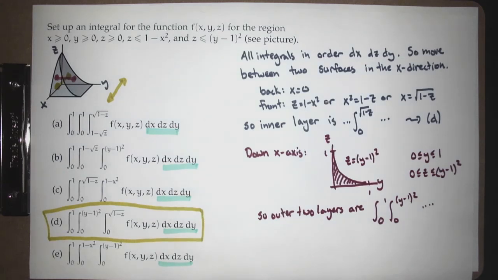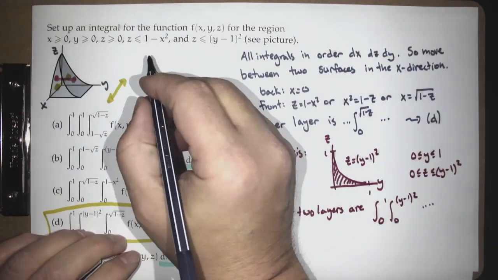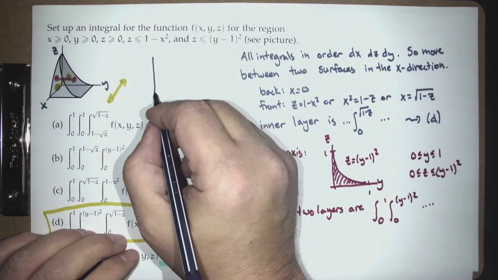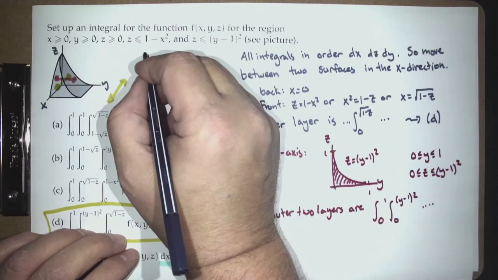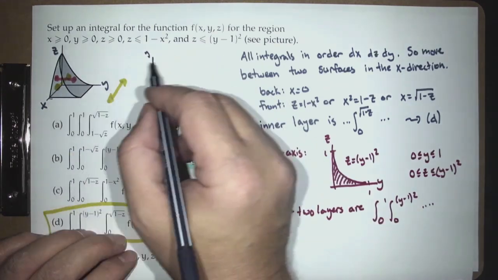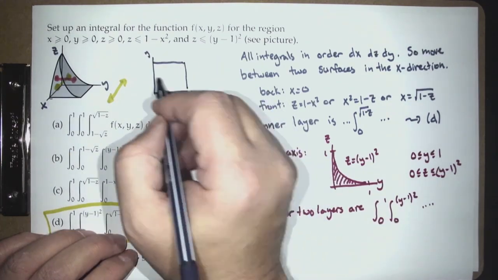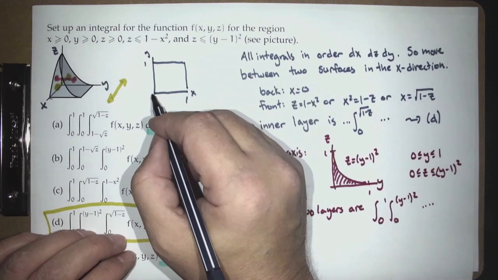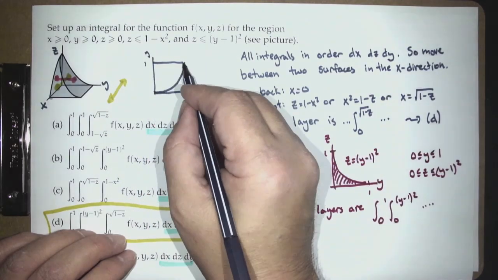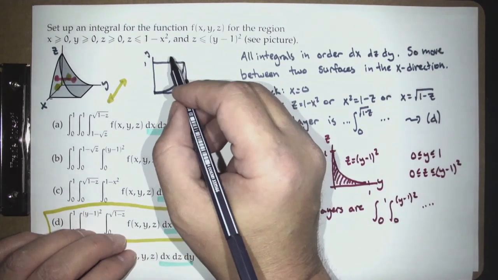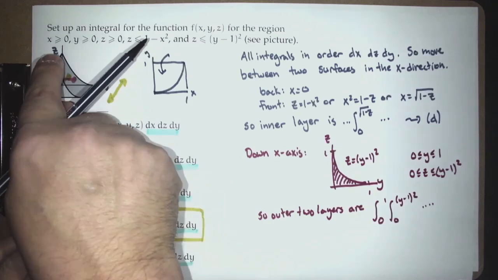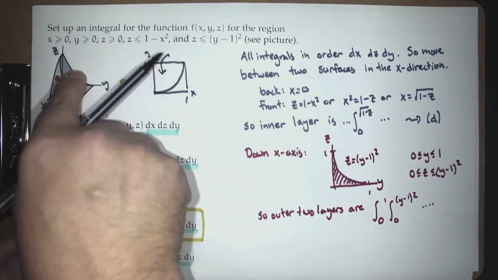Now, what happens if you integrate with respect to z? Pain, never-ending pain. No, that's not quite true. What happens if you integrate with respect to z? If we look in the xy plane, you'll see it looks like a square here. And if you take this circle, so there's a quarter circle, in this part, that's where this sloped face is.